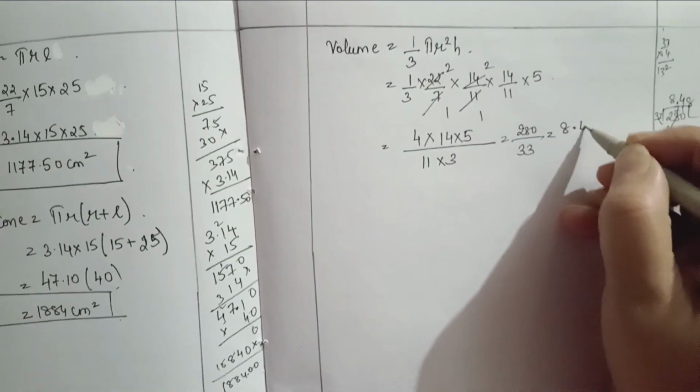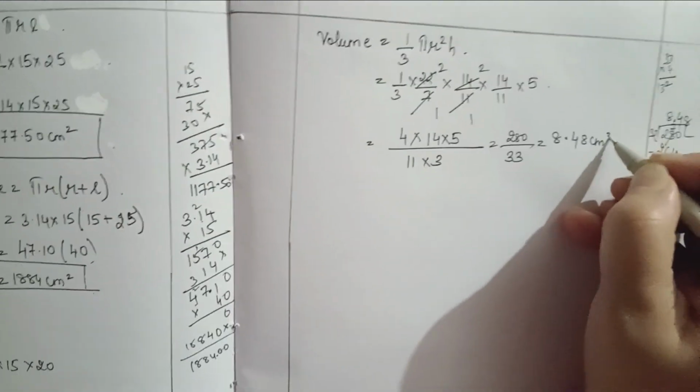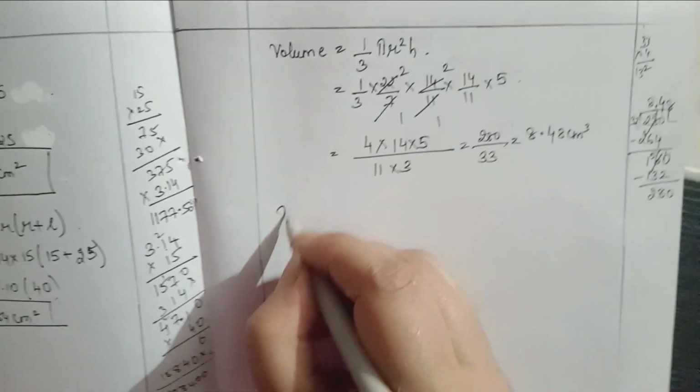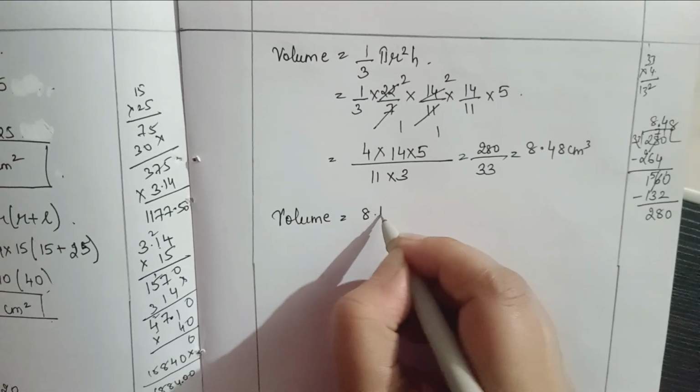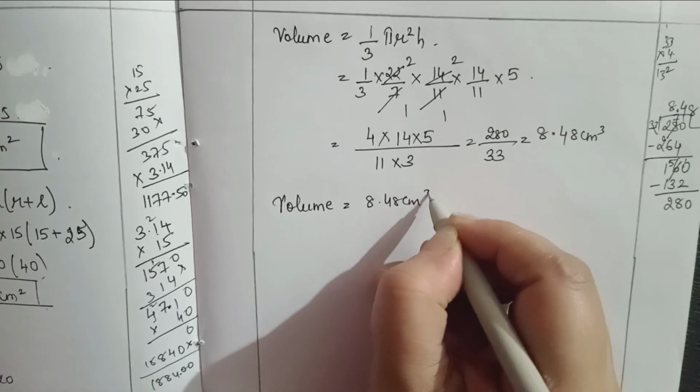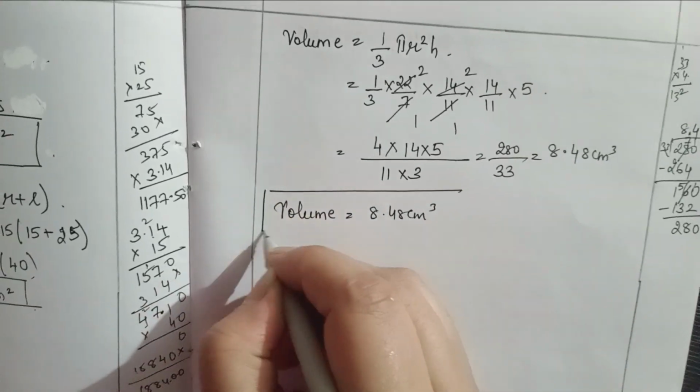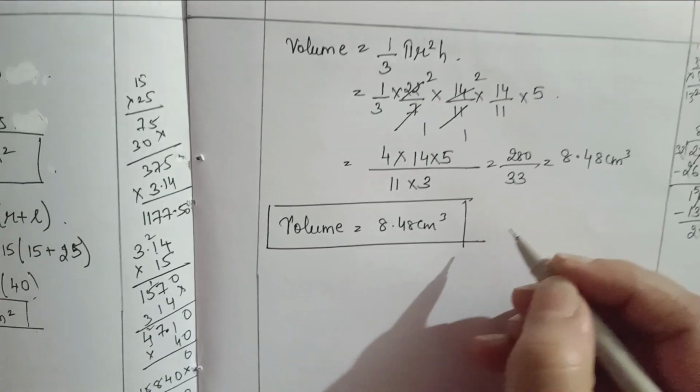So the volume is 8.48 centimeter cube. The volume is equal to 8.48 centimeter cube. This is going to be your answer.